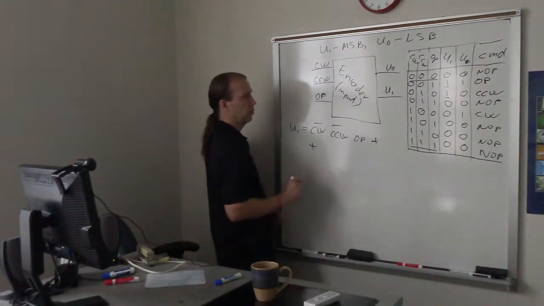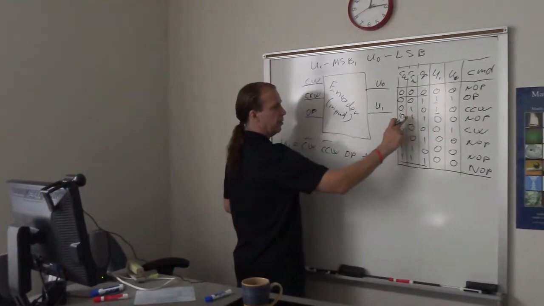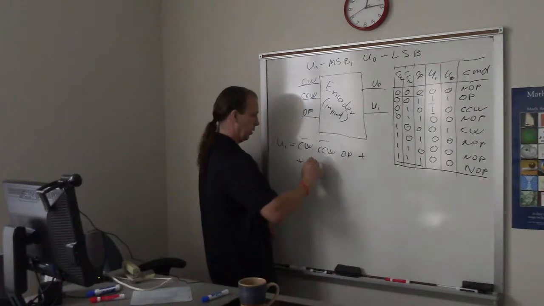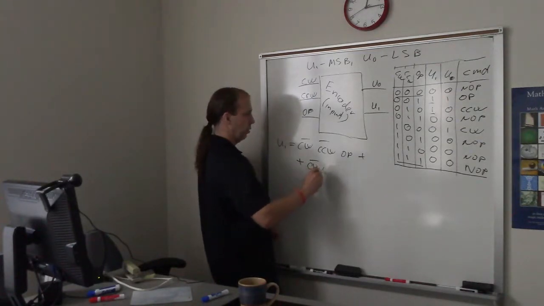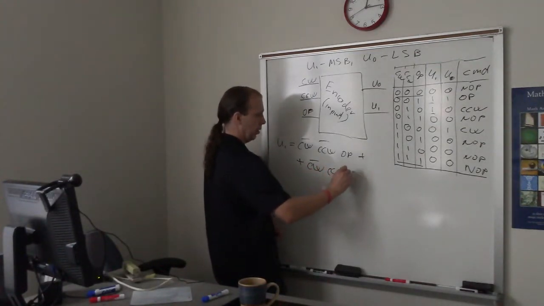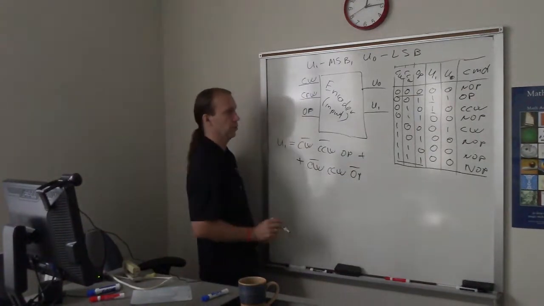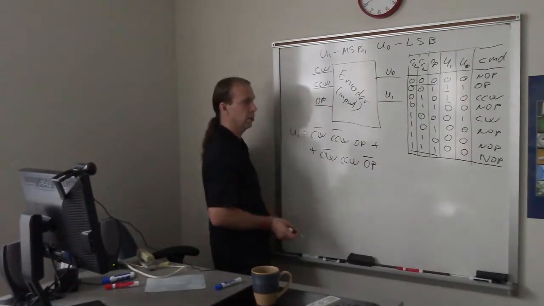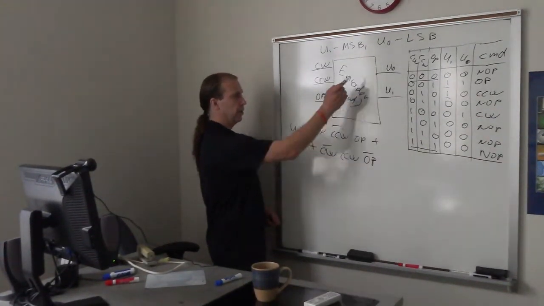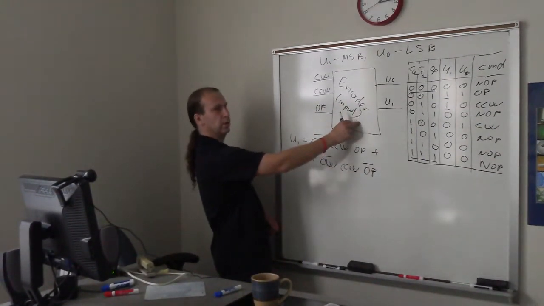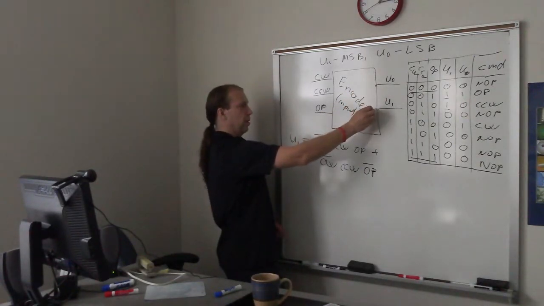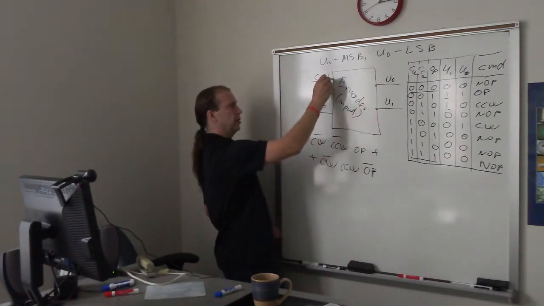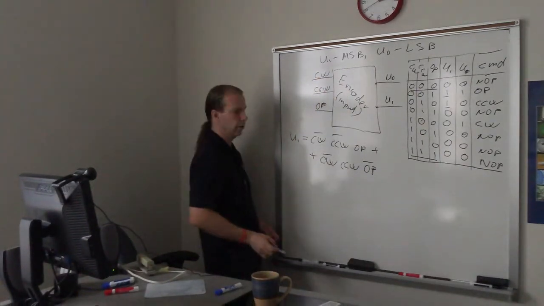Plus that one, there is a 1, so this is 0, 1, 0: clockwise with inversion, counterclockwise, and then OP with inversion. So this is the expression that needs to be implemented here to generate output U1 of this block based on the signals available here.